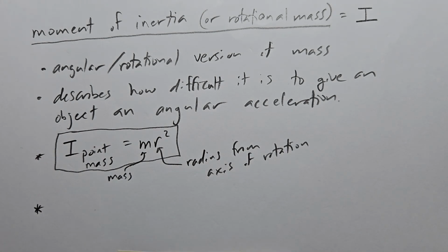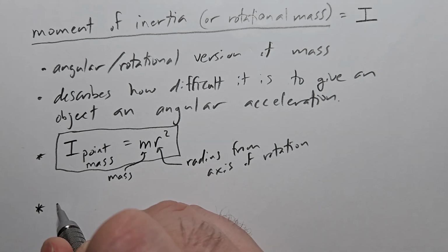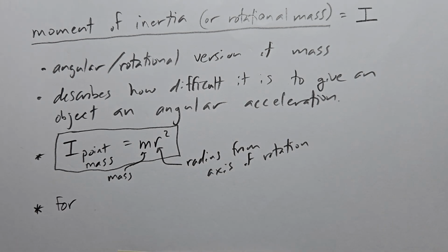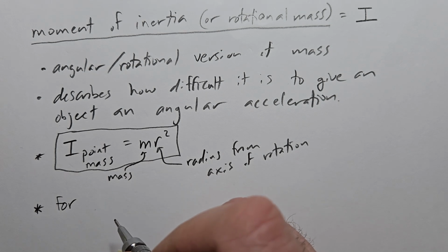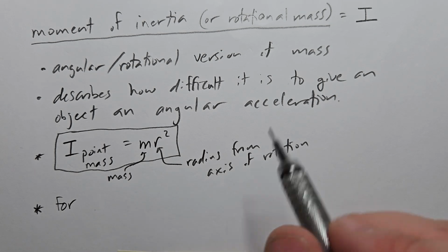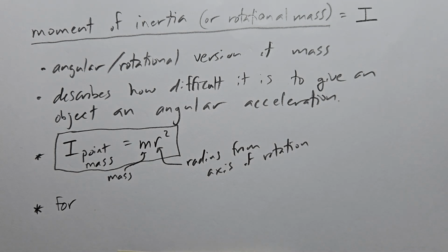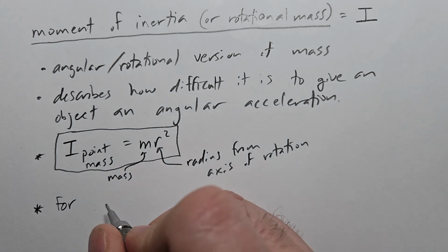And just like you can sum up the mass of the parts to figure out the mass of a system, if we have a more complex shaped object, which we can treat as just a system made up of a whole bunch of points, you need to sum up all of the individual moments of inertia, just like you would sum up all the individual masses to figure out the total mass.